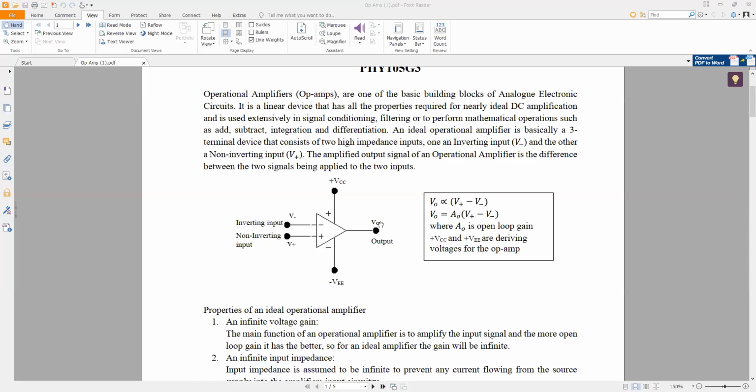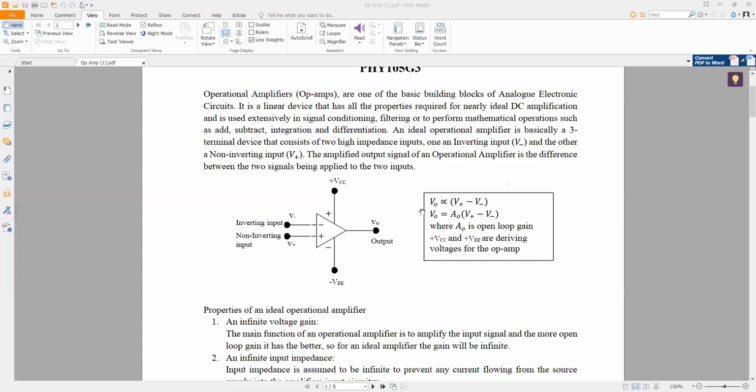These three are the important terminals. And of course, if you need an amplifier, you must have a supply, plus VCC and minus VEE. Hence your V out swings between plus VCC and minus VEE.